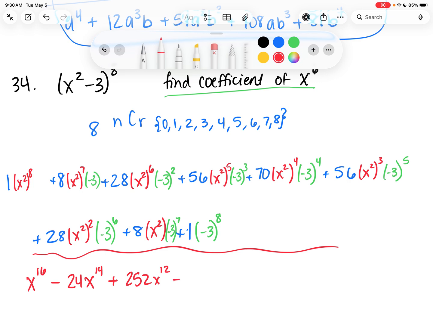This is going to be minus. So 27 times 56 is 1,512 x to the 10th. Plus 81 times 70, 5,670 x to the 8th. Minus 3 to the 5th times 56, 13,608 x to the 6th.